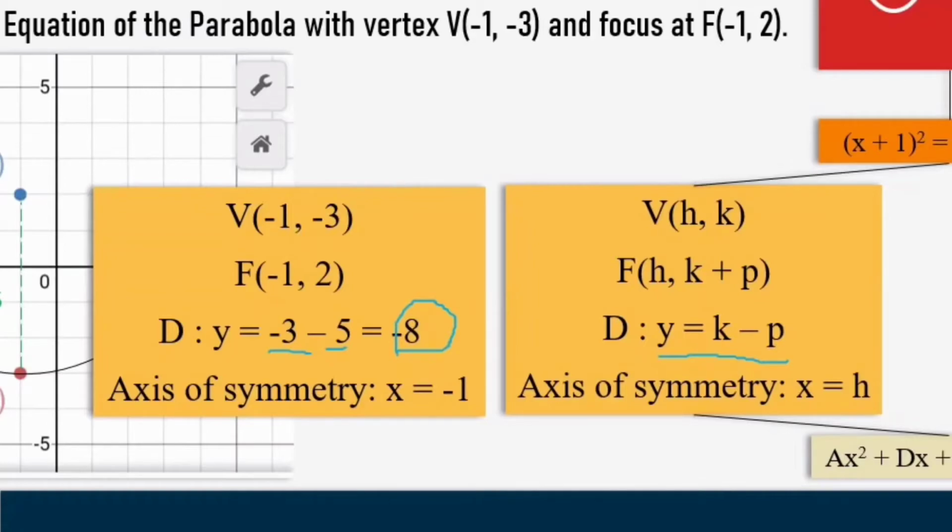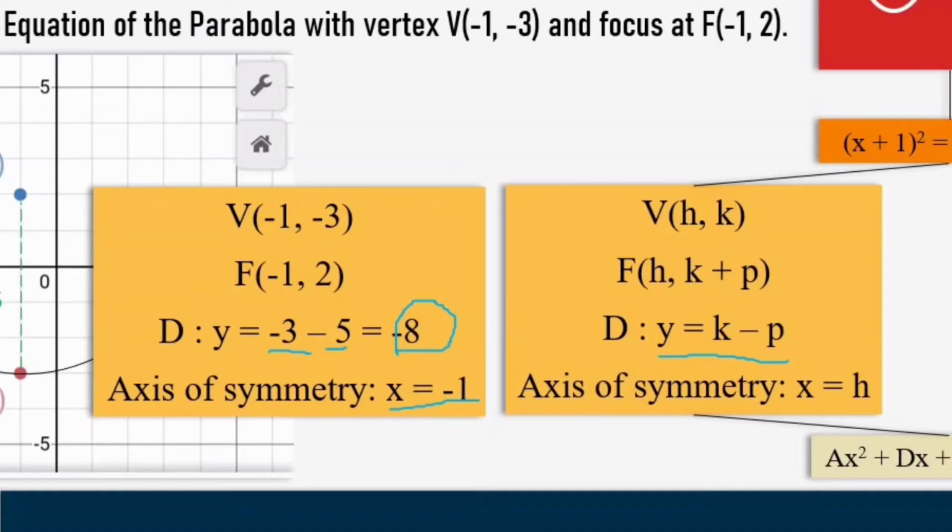Therefore, the directrix is that y is equal to negative 8. For the axis of symmetry, that is the value of h itself. Therefore, x is equal to negative 1. Yung pinakamahalagang values na kailangan lang nating i-identify is the value of h, value of k, and the focal distance.